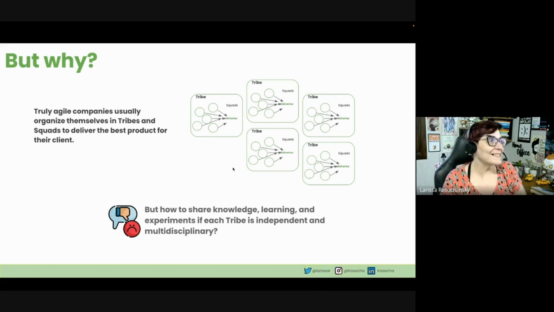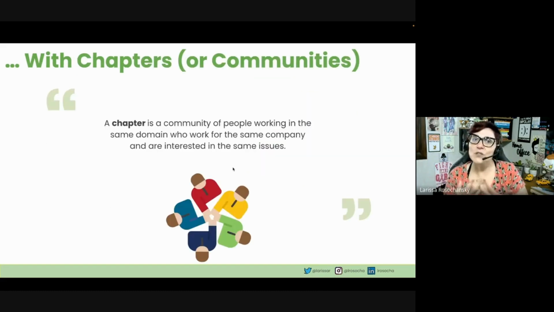This is why it's so important to have chapters, communities, guilds, to be able to share knowledge. The chapter is a community of people working in the same domain, and the domain can be a contract, the same customer, the same financial domain, the same industry, who work for the same company and are interested in the same issues.